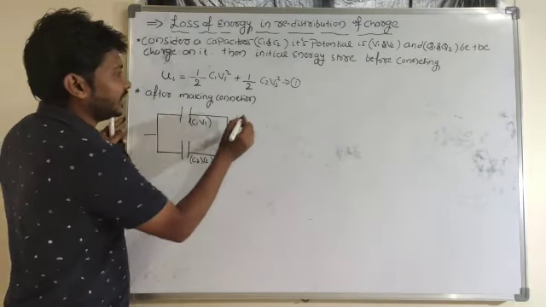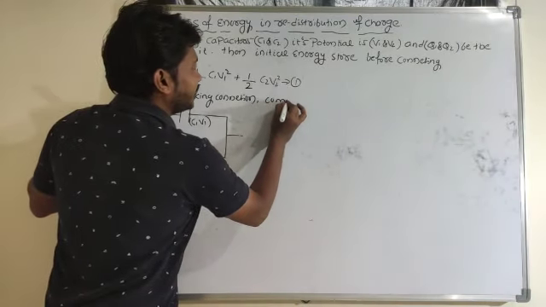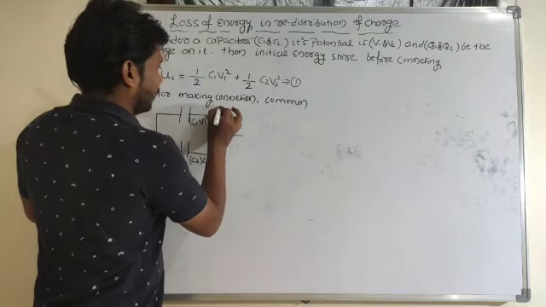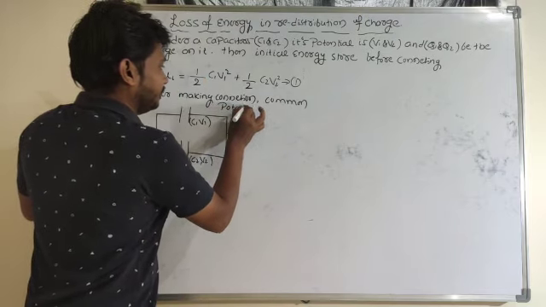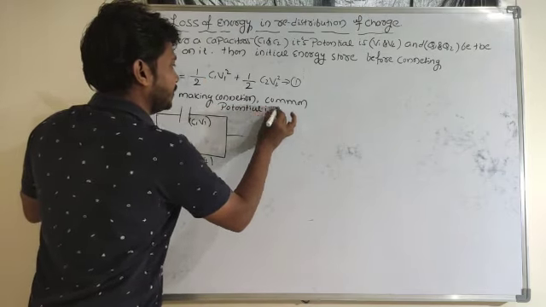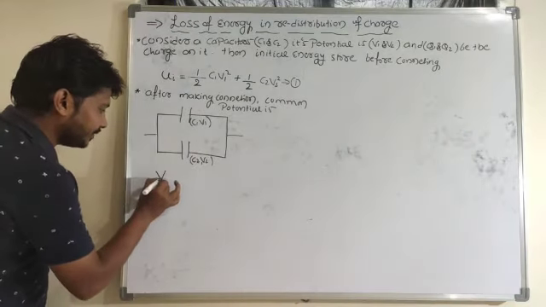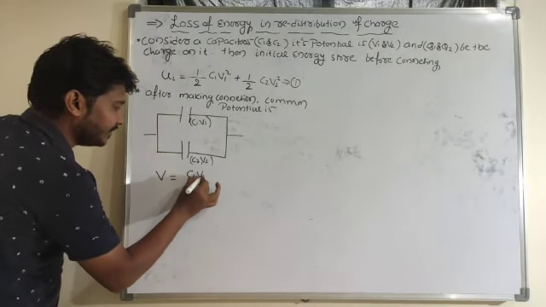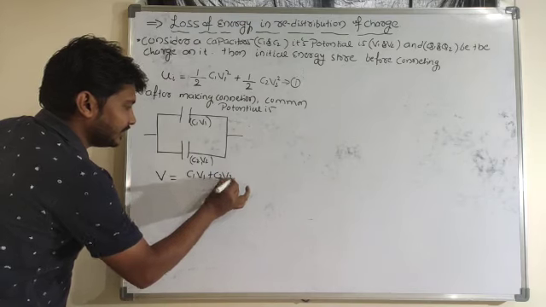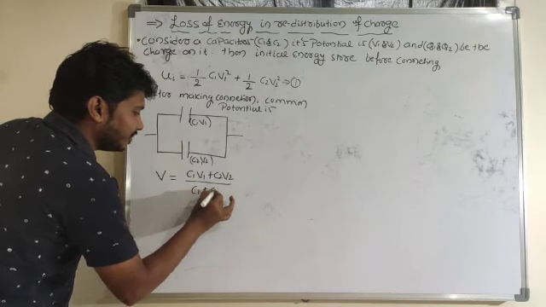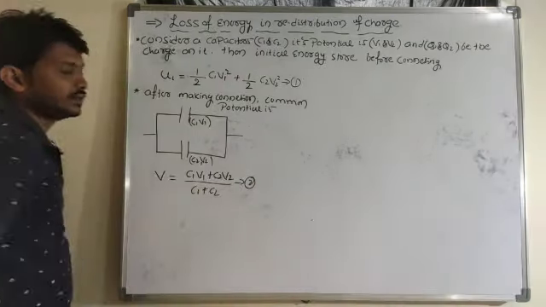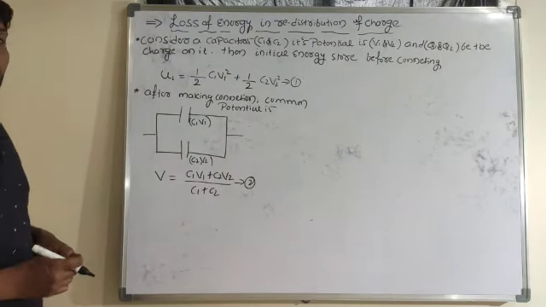So what is the expression for common potential? V is equal to (C1 V1 plus C2 V2) divided by (C1 plus C2). So this is the required expression for the common potential.